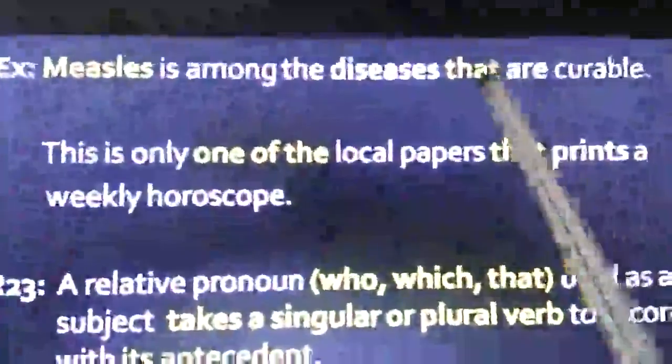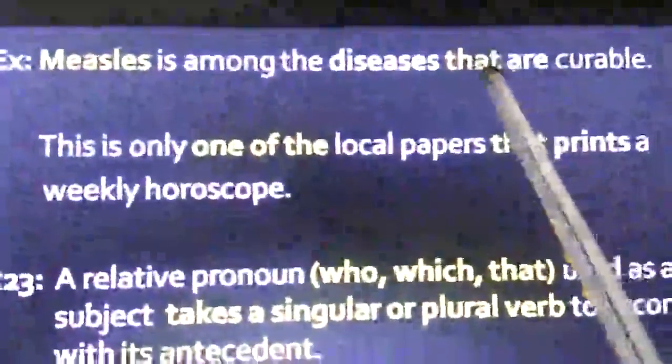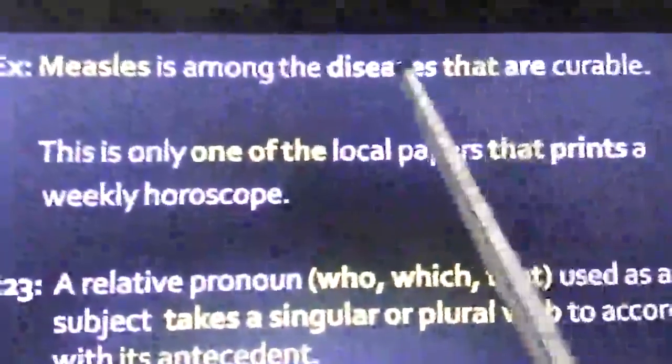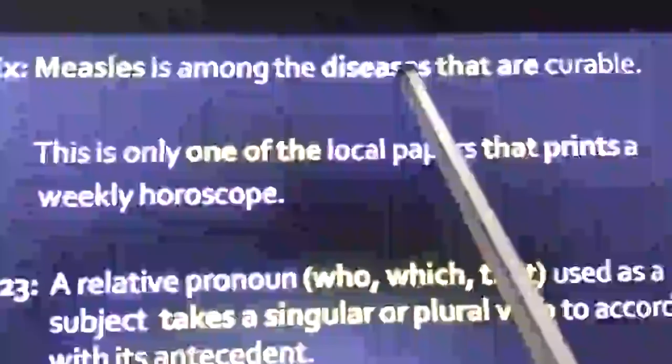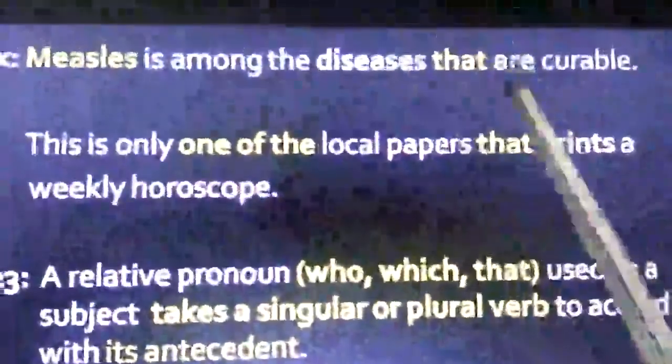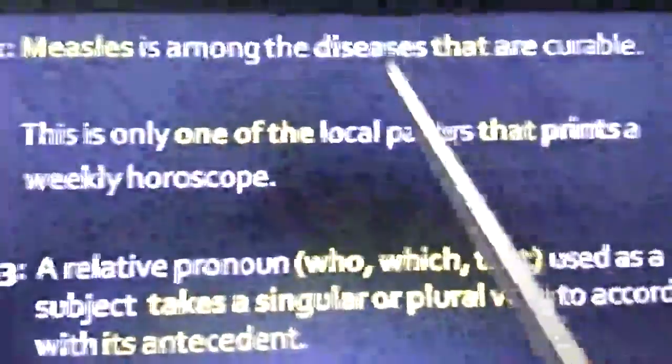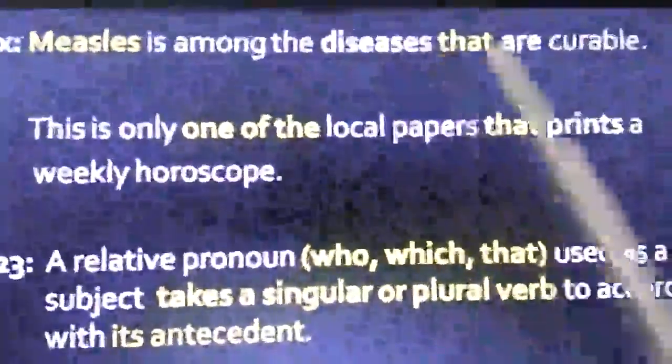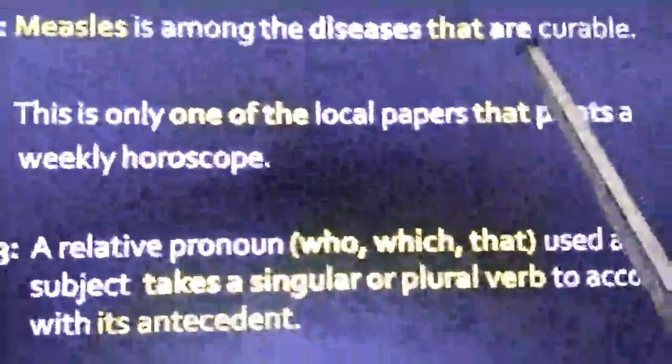So if you get a relative pronoun in a sentence, the word that it is preceded by decides the verb. If this word is in singular, then the verb also should be in singular. If this word is in plural, then the verb should be in plural. So here diseases is in plural form, and so we have used a plural verb, are.